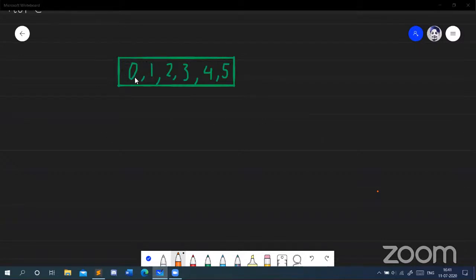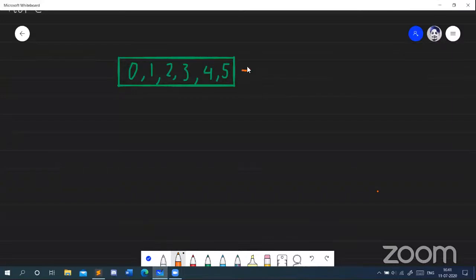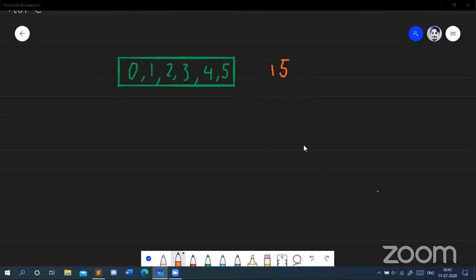So let me add these digits: 0 plus 1 plus 2 plus 3 plus 4 plus 5 is just 15, and 15 is divisible by 3. Also, when we form numbers, 0 should not be at the first place because then it wouldn't be a 5-digit number.